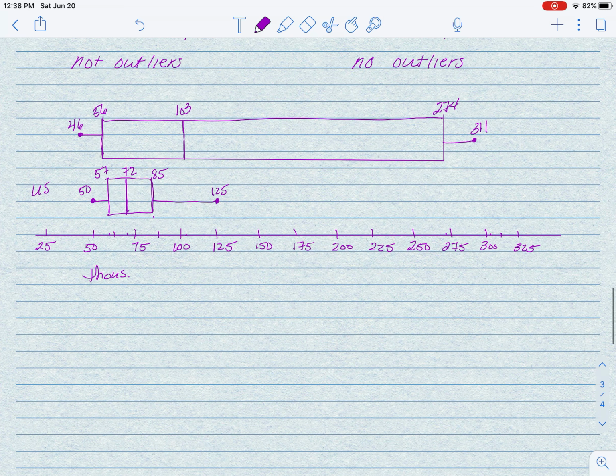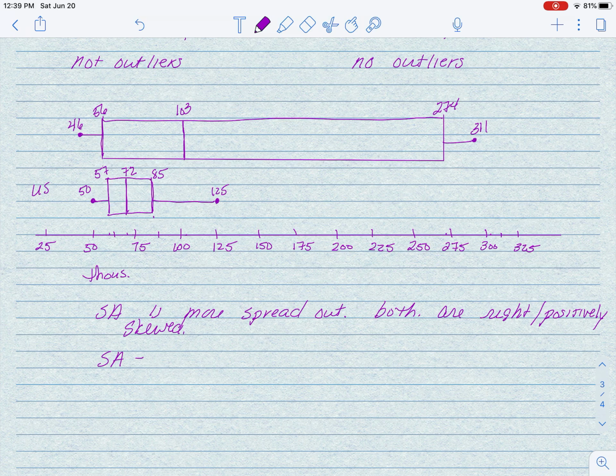And then if we want to compare them, we notice that South America is more spread out. Both appear right skewed, right or positively skewed. What else can you notice?